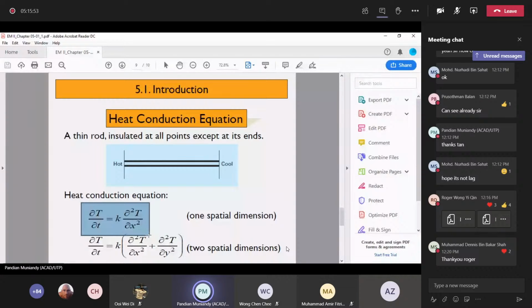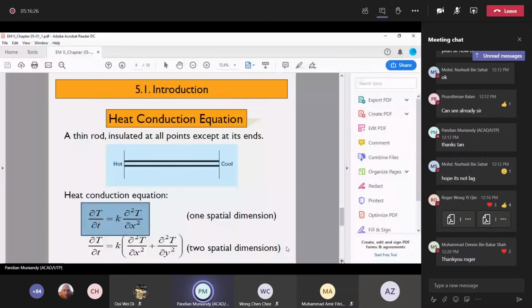Today you familiarize yourself with the form and identify it, and the model, method and output we do in the next lecture. So for the heat conduction equation, you have the explanation; this is a physical explanation, hot and cool.